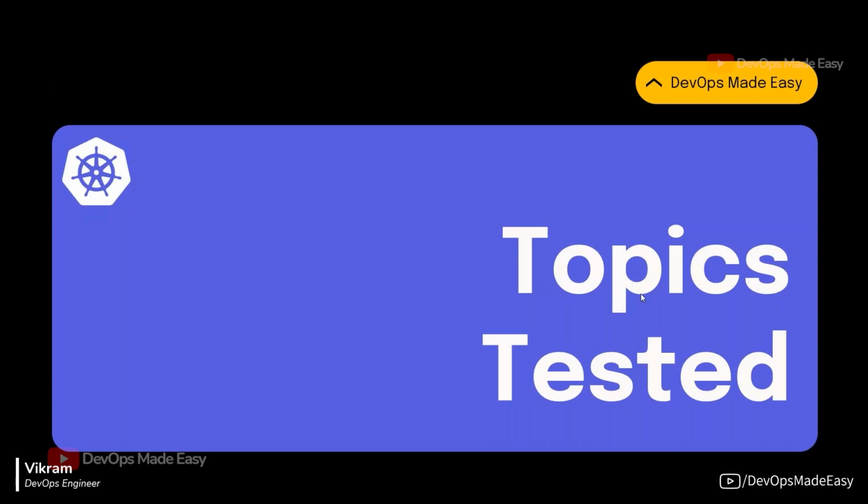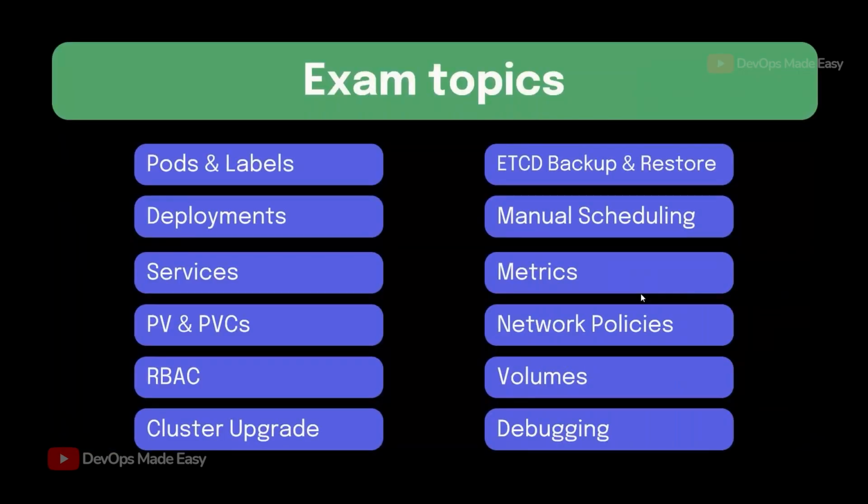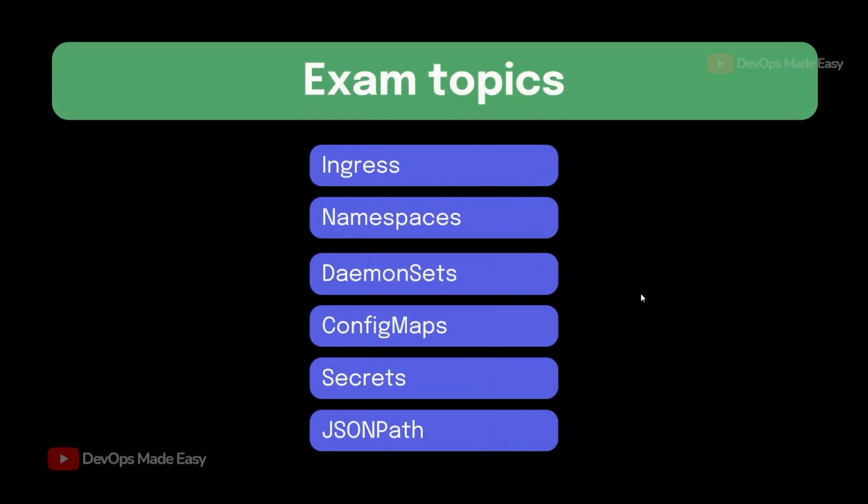These are the various topics that you are going to be tested on: pods, how to create pods with multi containers, pods with certain labels, deployments, services, persistent volumes and persistent volume claims, RBAC, service accounts, cluster upgrade, ETCD backup and restore, manual scheduling using node name, node selector, taints and tolerations, metrics like finding out the resources used by pods, nodes and containers, volumes, debugging, ingress resources, namespaces, daemon sets, config maps, secrets, JSON path.